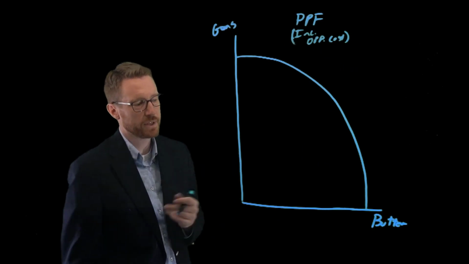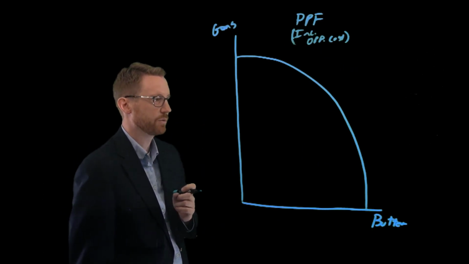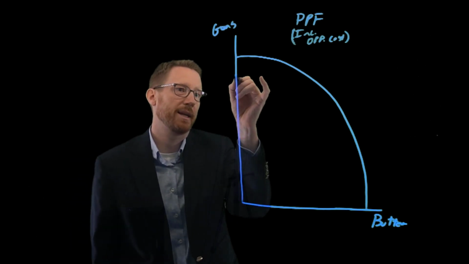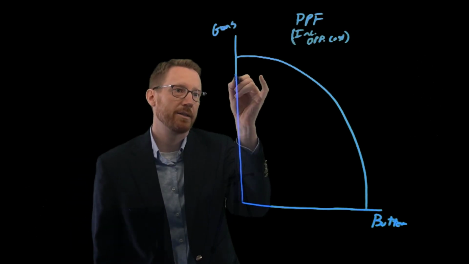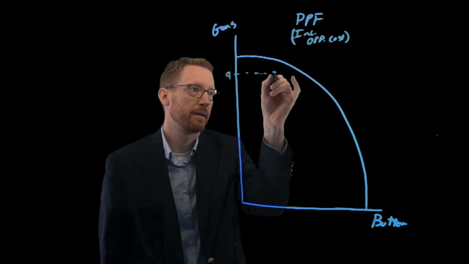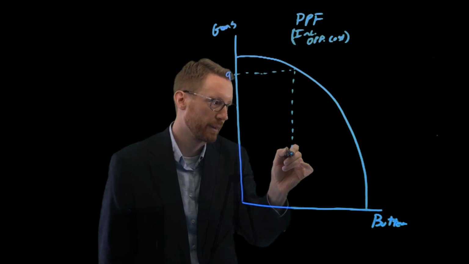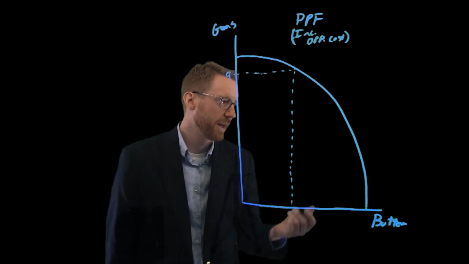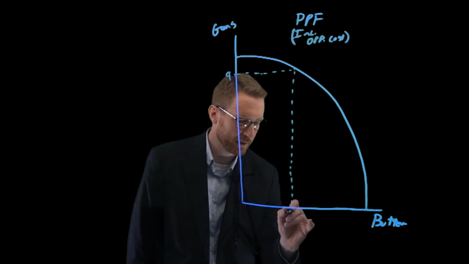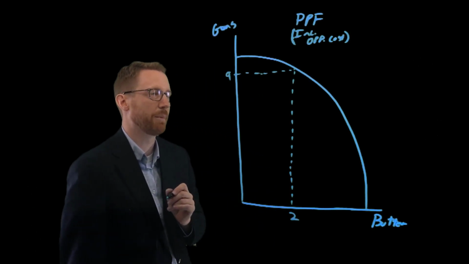So how can we see opportunity cost in this? Well, let's look at an example. So suppose that we're making 9 guns. And that leads to something like, not quite to scale, but let's call it 2 butters can be made.